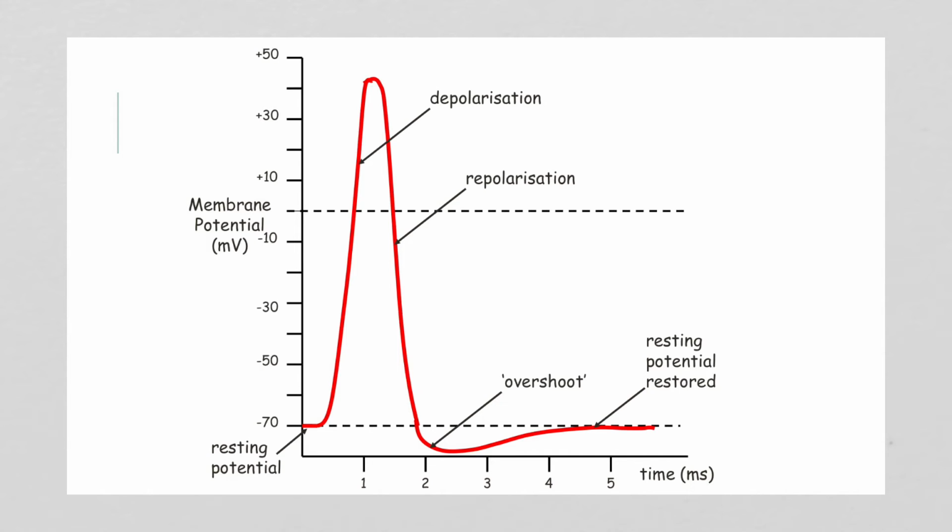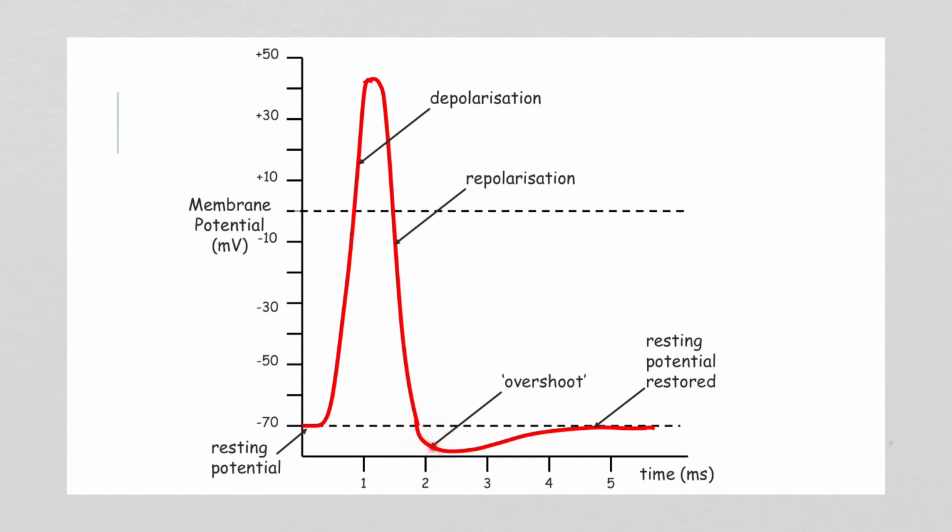The action potential is set up in 3 stages. First, there's the resting potential. Then there's a stimulus that causes depolarization, and that's when the sodium channels open and the sodium ions move into the cell. Then they start to close and the potassium channels open, and the potassium starts moving out.